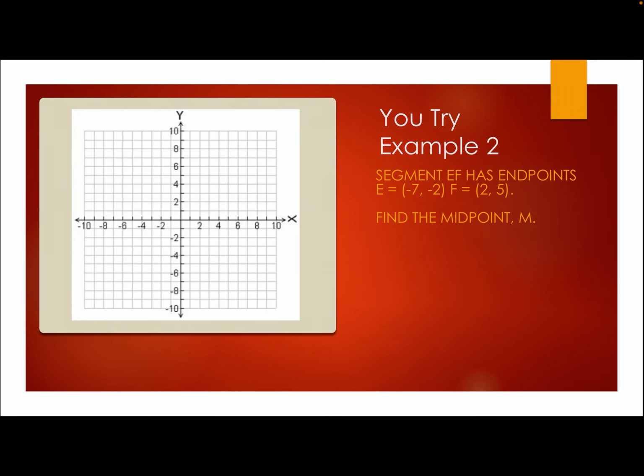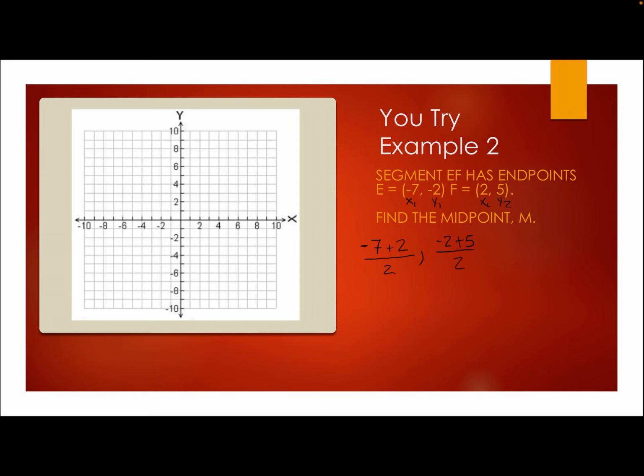So for example 2, you try. You can graph, do the formula, however you need to get there. All right, so you should have come up with the midpoint is going to be, label our points. So x1, y1, x2, y2. So we're going to have (-7 plus 2) divided by 2, comma, (-2 plus 5) divided by 2.